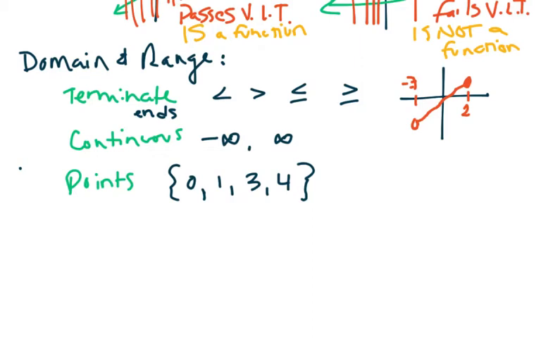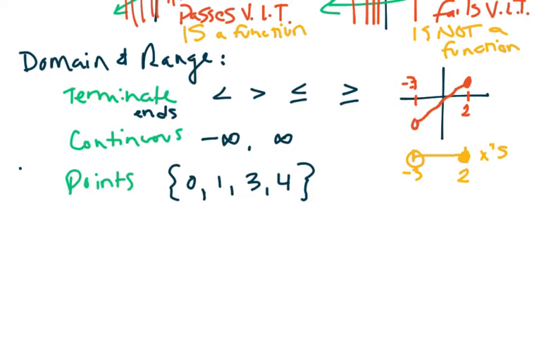So if we go on the x-axis, you'll notice that -3 to 2 are your x's. And then, of course, -3 is not included, and 2 is included.